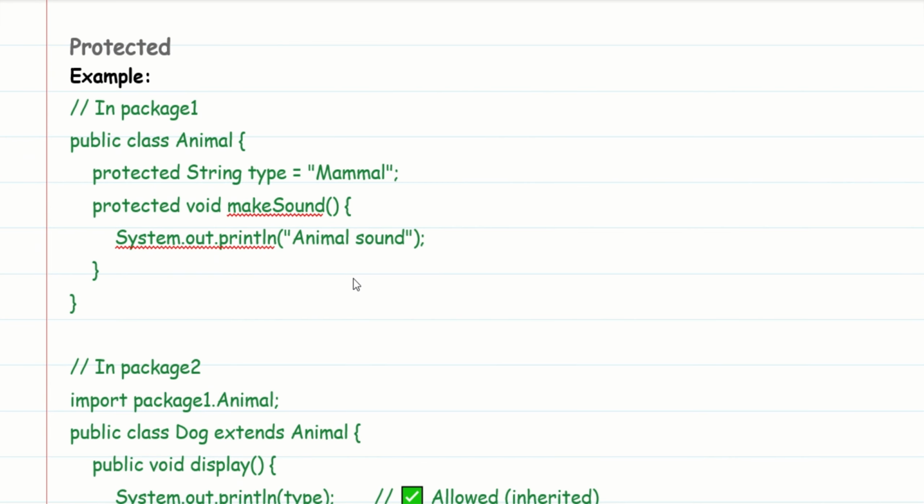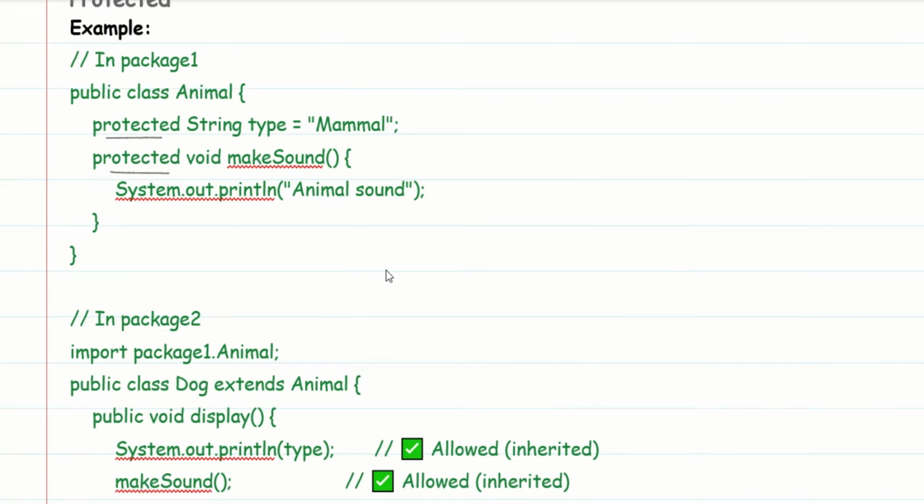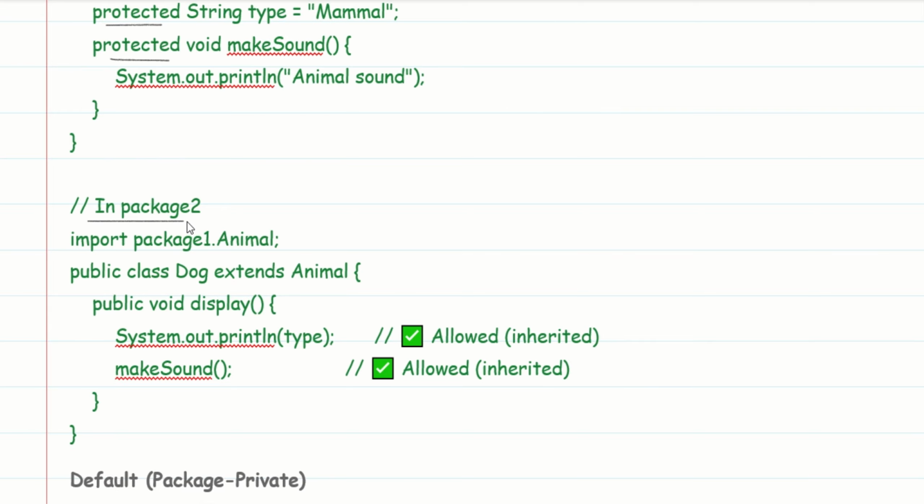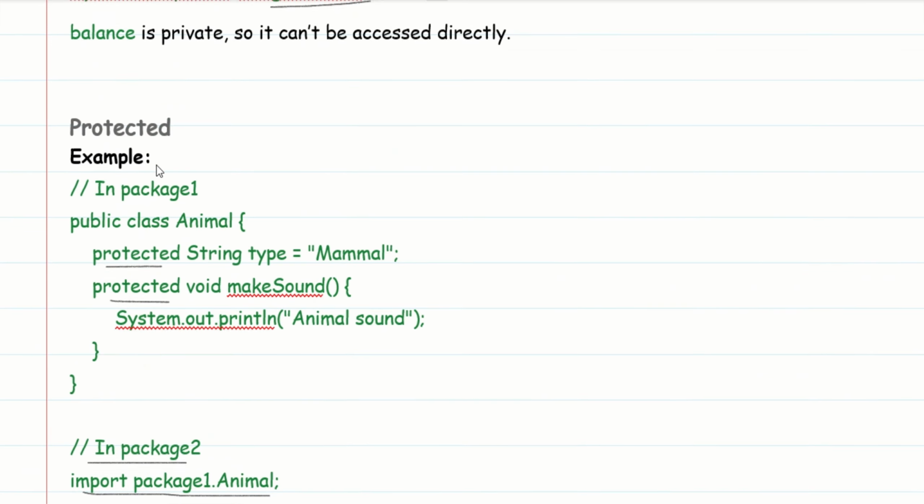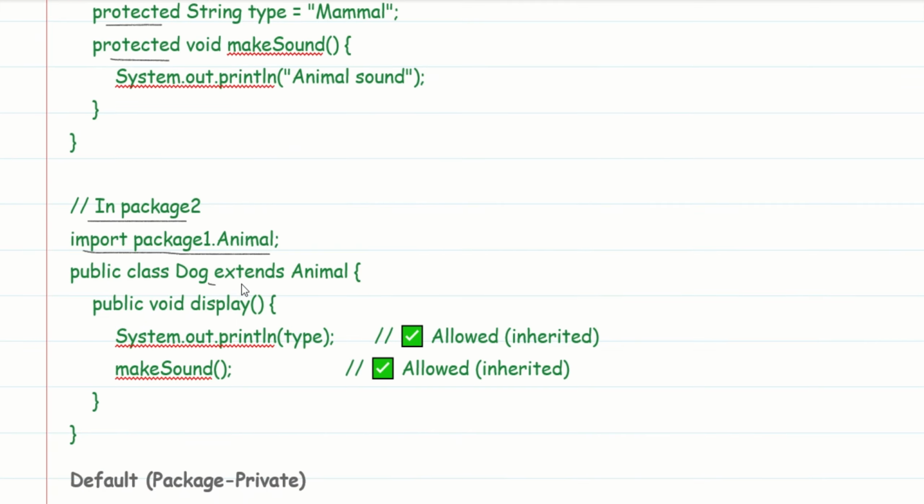Then comes protected. This modifier allows access in the same package and in a subclass, even outside the package. You can see I have package one and a class called Animal, and the type, which is protected, is mammal, and it has a makeSound method for the animal sound. In package two, I'm importing the package one class, then extending Animal.